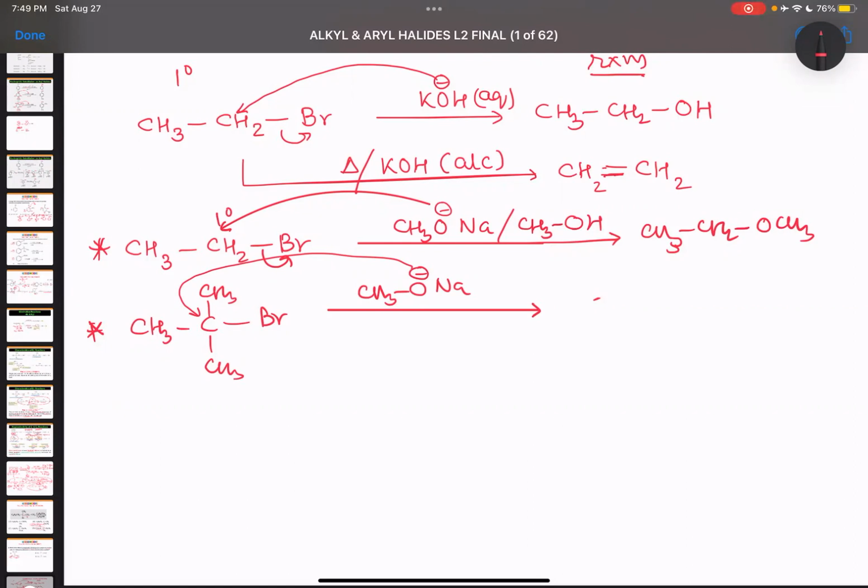Is the carbon atom accessible to the nucleophile? Tell me. No. Why? It is very much branched. It is like this. It is tertiary.